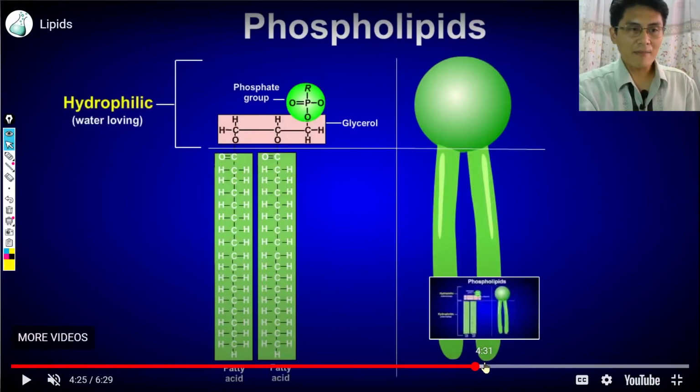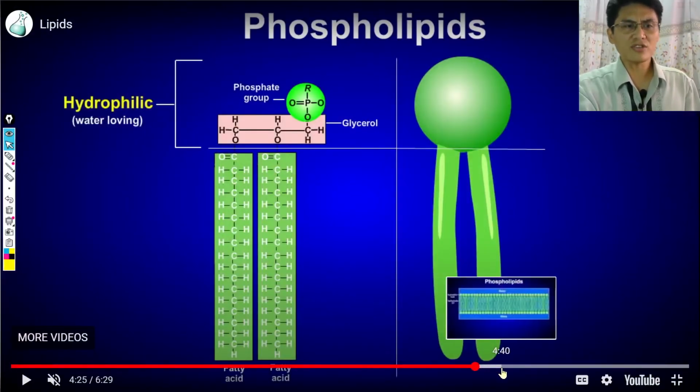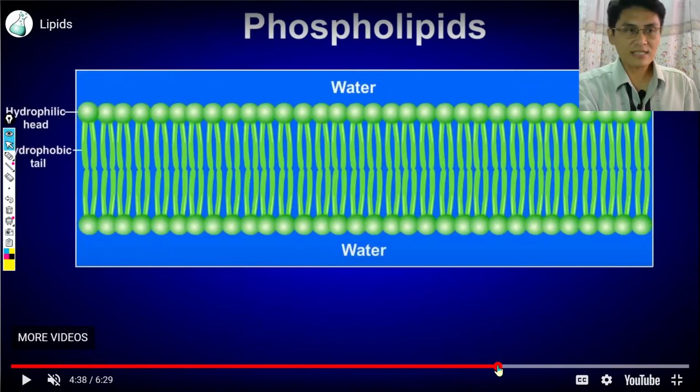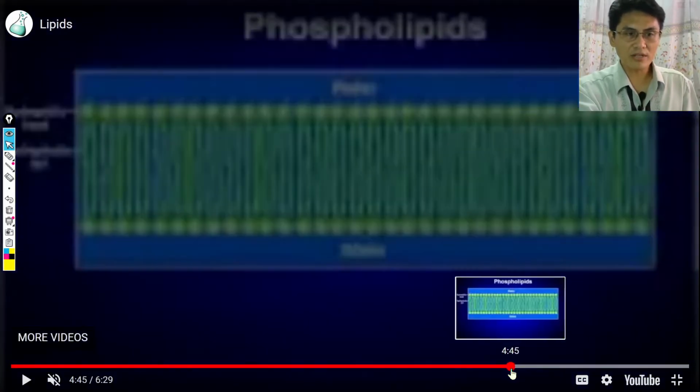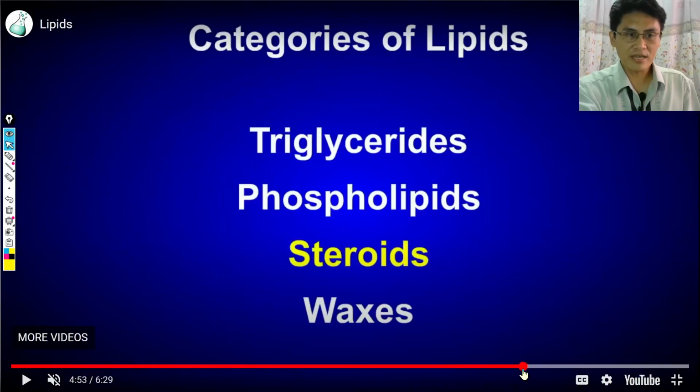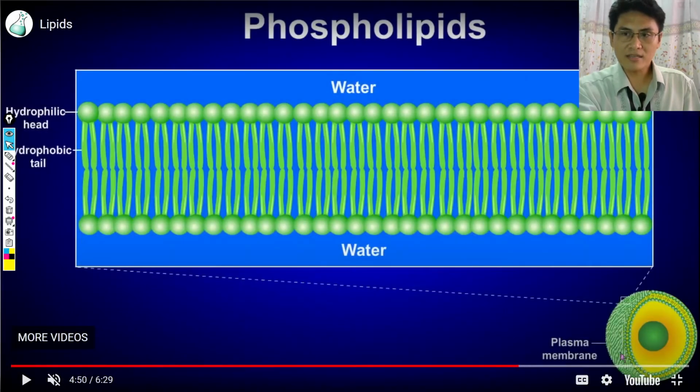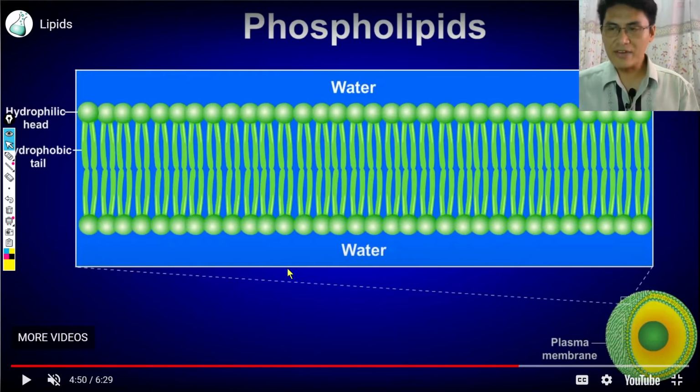So there is a balance between the amount of things that you should intake. But this is the purpose of a phospholipid. It is very, very important in your cell, because it makes up the plasma membrane of your cell. So the linings of your cell, even the covering of the nucleus, like the plasma membrane, that is made up of phospholipids.